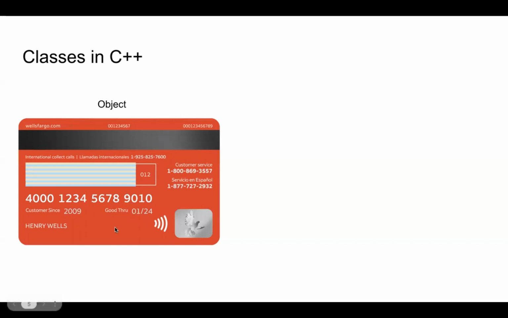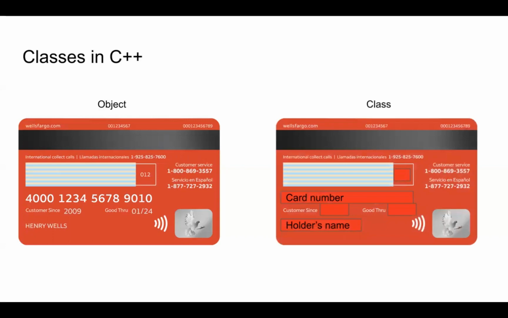This card is specific to you, but the bank that makes these cards has a bunch of cards without any number on them, and then it prints out the specific numbers for each user, right? Those general cards are kind of equal to classes. So we have some general classes defined, like a general card, and then you can specify information to it and it becomes an object. The same is for pose.